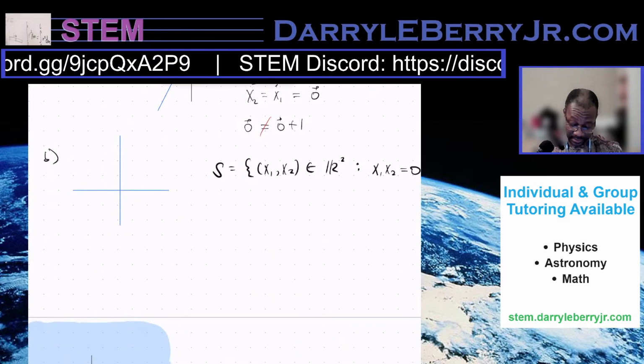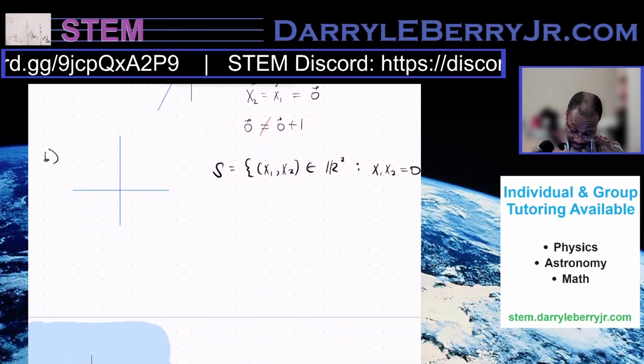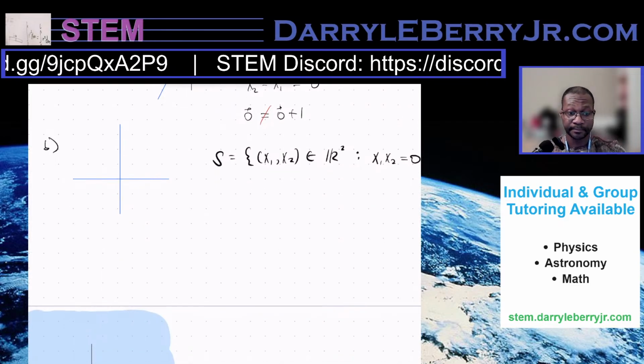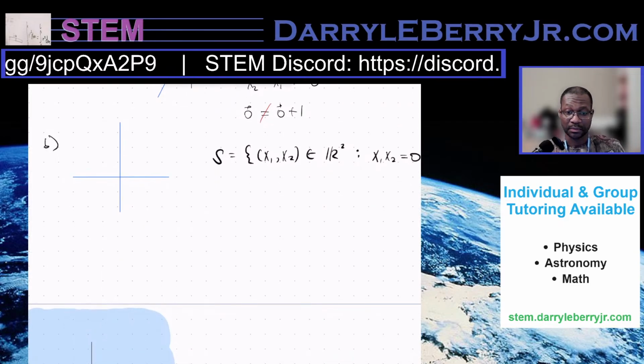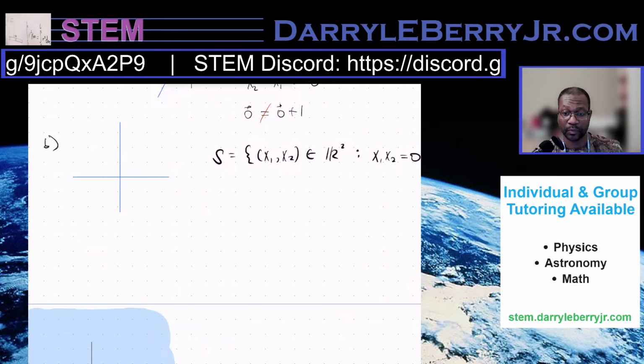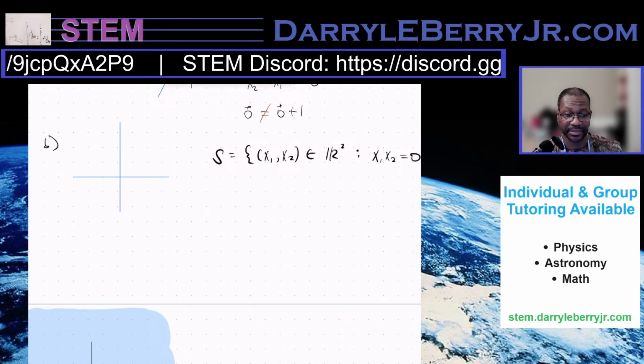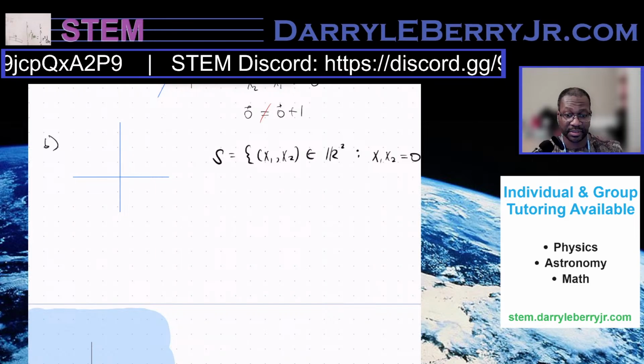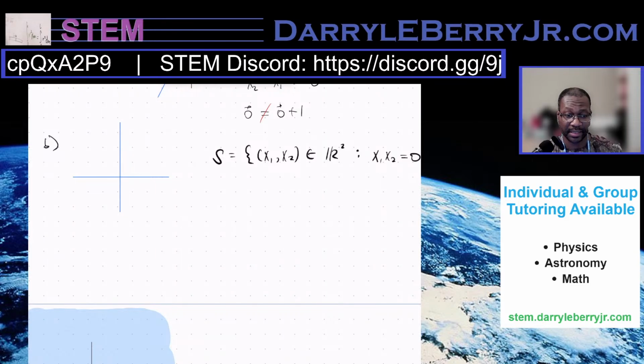Is not a subspace. So each of the vectors v equals 1, 0 and w equals 0, 1 lies in S, and yet the sum does not.